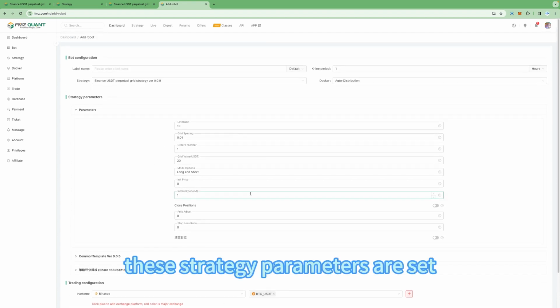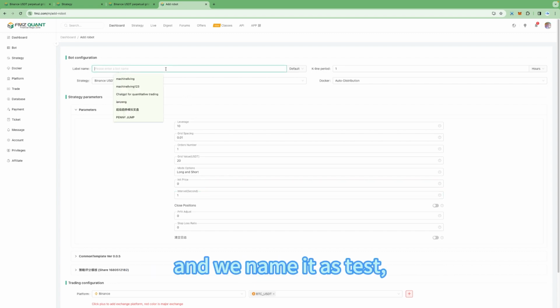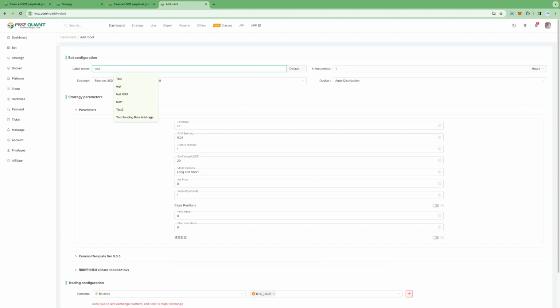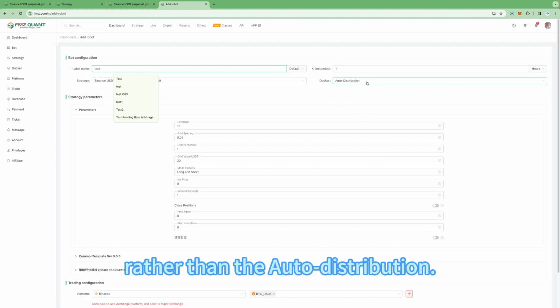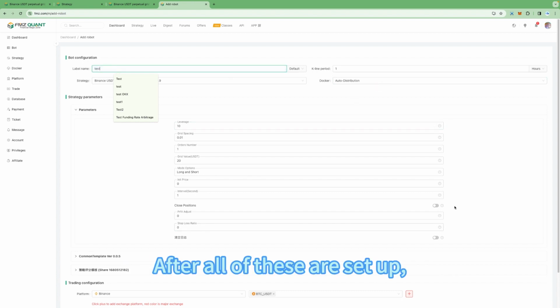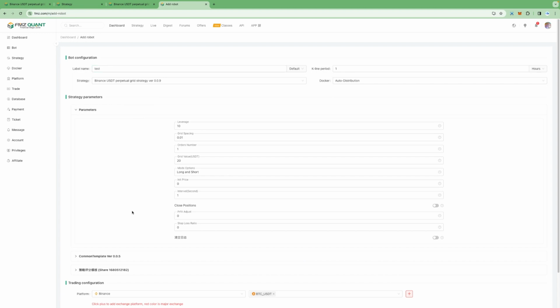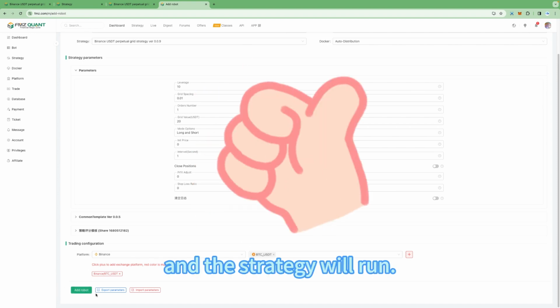These strategy parameters are set before, and we name it test. And select the Docker we deployed rather than the auto distribution. After all of these are set up, we can click Add Robot, and the strategy will run.